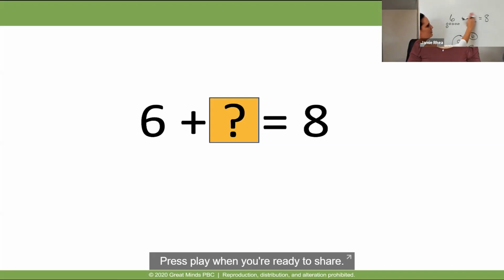So my son gave me 2 pieces of candy. Now I'm going to zoom back out because I need a little more room. And I'm going to erase my number bond completely because I'm going to write it differently. And I'm going to say that I had 6 pieces of candy.